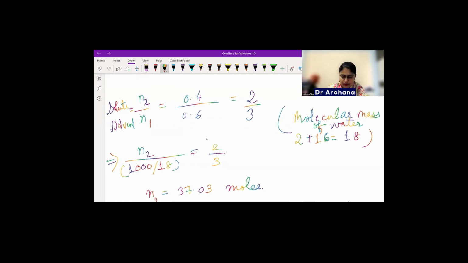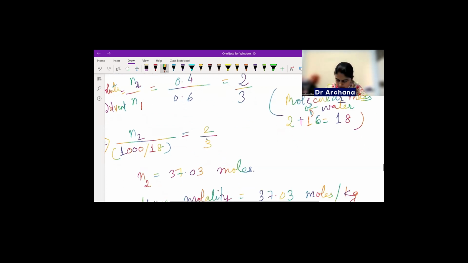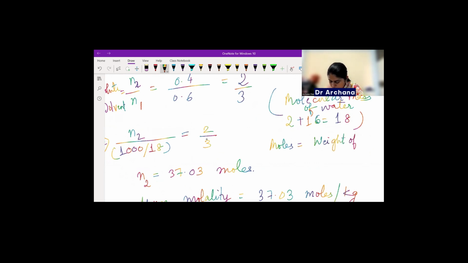So I can easily substitute over here, because moles is nothing but the weight of whatever, in this case the solvent, upon the molecular mass of solvent.